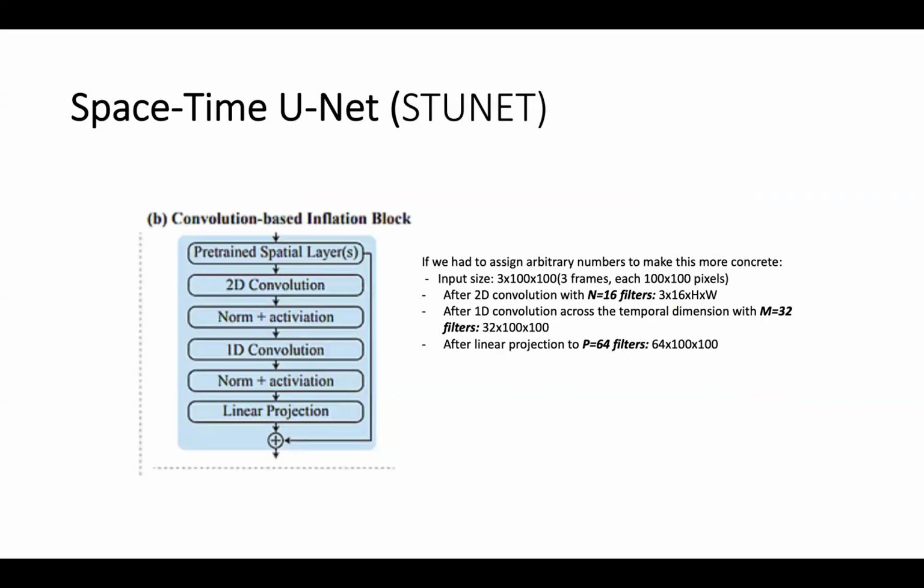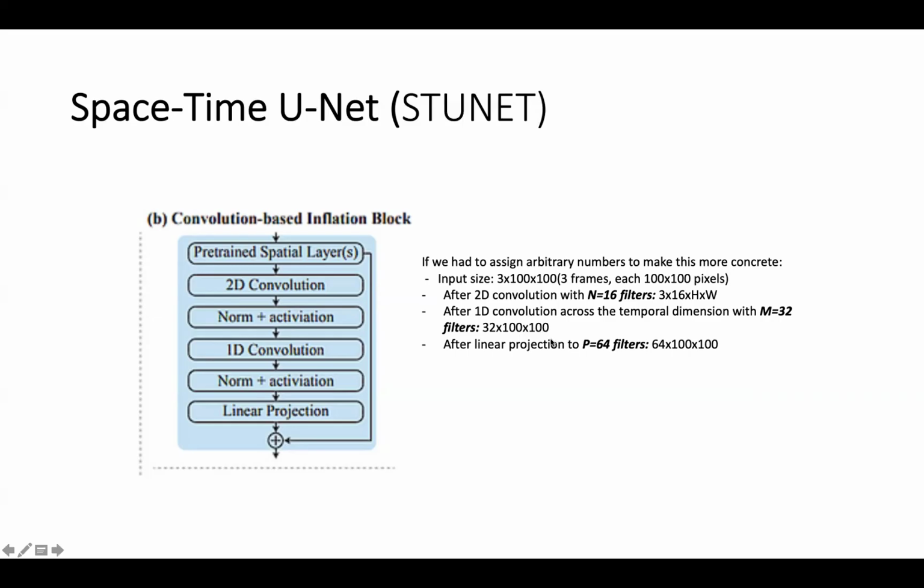I have given a small example of how this network is affecting the existing network. Let's say given these 3 frames of a 100 cross 100 image, you have 16 filters for 2D convolution. After 2D convolution, you have 3 cross 16 cross H cross W. After 1D convolution, let's say you have 32 filters, so it is going to become 32 cross 100 cross 100.